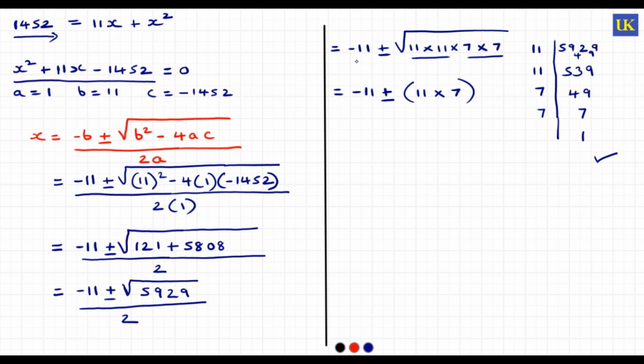And sorry, one more thing, we have to also write the denominator 2 which is there. Now minus 11 plus or minus 11 into 7 is 77, 77 upon 2.